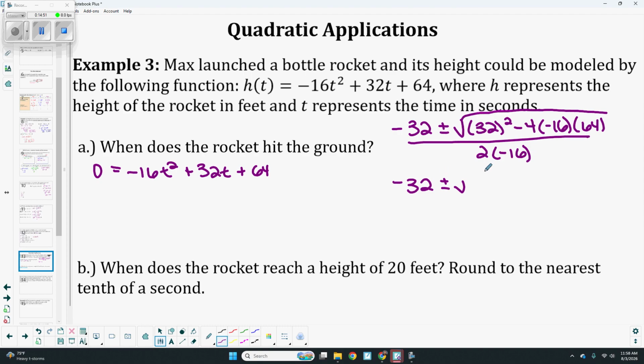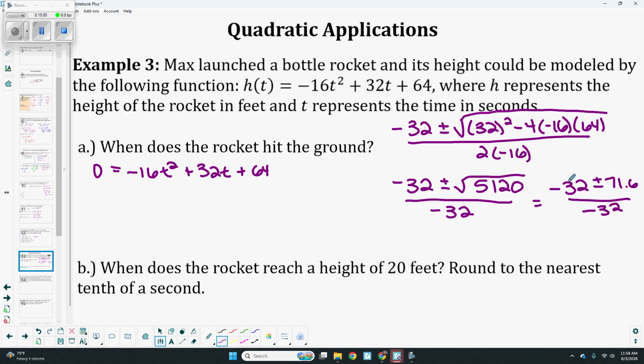So plus, actually, ends up being 5,120, over negative 32. The square root of 5,120 is 71.6. And now I would do negative 32 plus 71.6 divided by negative 32. I would get a negative answer there, so that's going to be out. Negative 32 minus 71.6 over negative 32 comes out to be a positive number, 3.2.